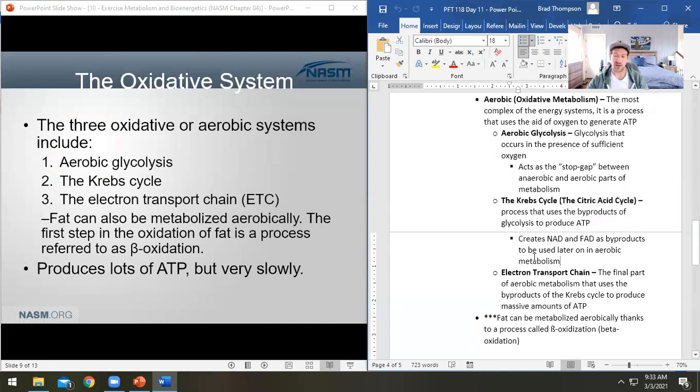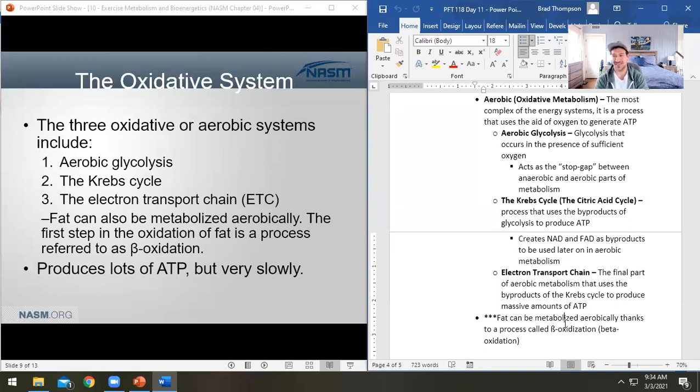Those are going to be byproducts, which will go through the next part of the aerobic system, which is the electron transport chain, where it takes the NAD and FAD's protons and squeezes them together to spit out crazy large amounts of ATP.